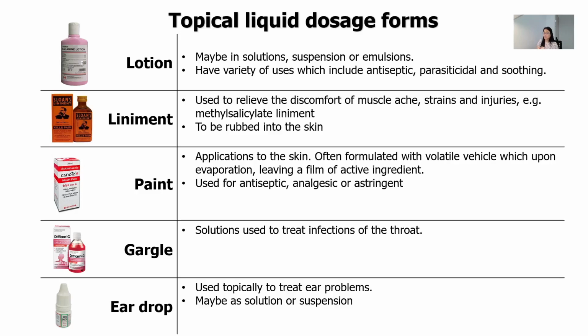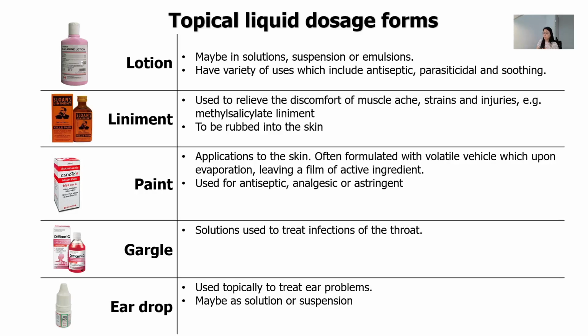Liniment basically appears in a more oily form, and contains drugs like methyl salicylate, which we rub into the skin for muscle pain or strains or injuries.